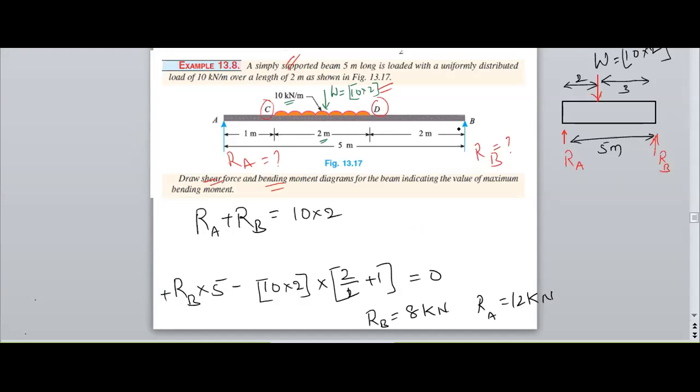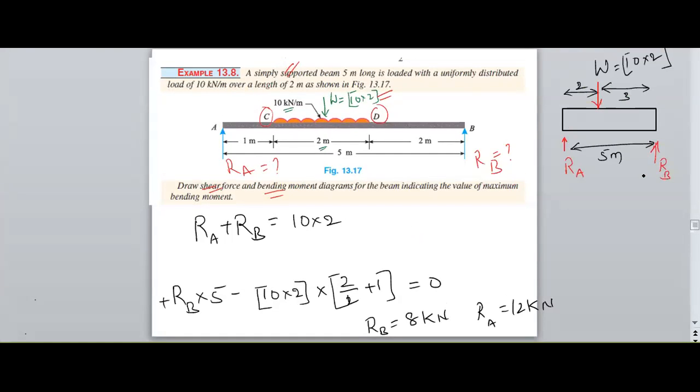Now, only 3 point loads, RA, RB and W, are existing as shown in the figure. And I need the distance from A and the distance from B also. I am considering this distance as 2 by 2 and this is also 2 by 2, because the point load will act at the center of the distance.